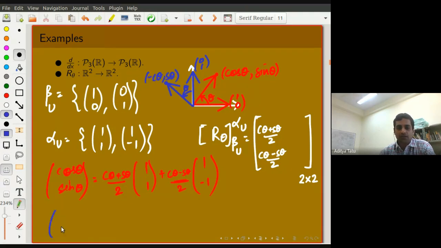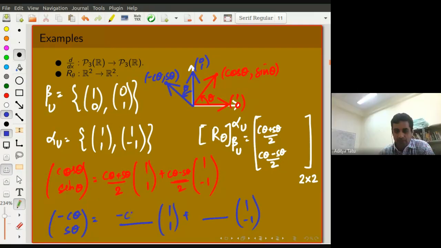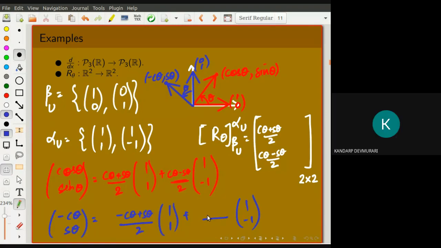So how do I write minus cos theta and plus sin theta as a linear combination of 1, 1 and 1, minus 1? Minus cos theta plus sin theta by 2, minus cos theta minus sin theta by 2.